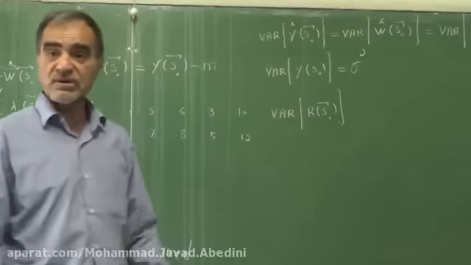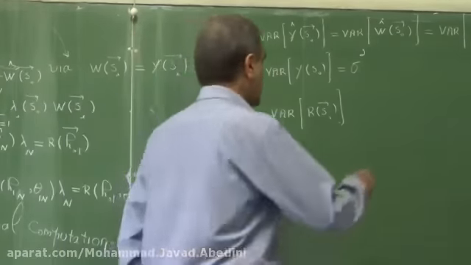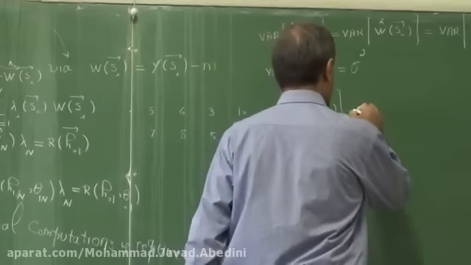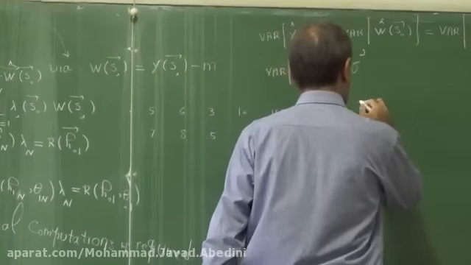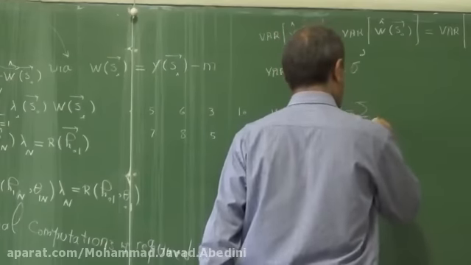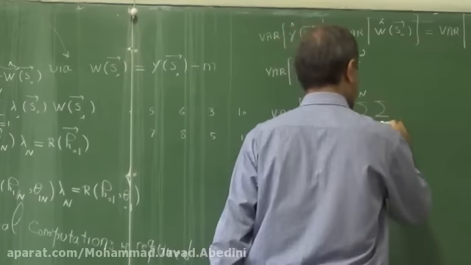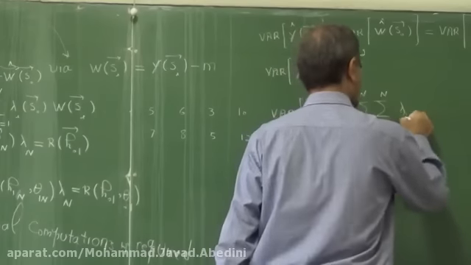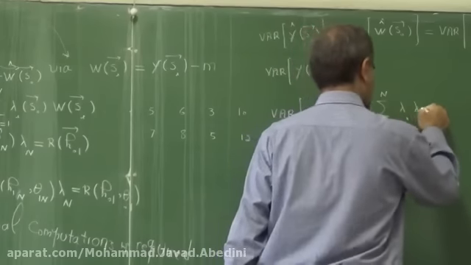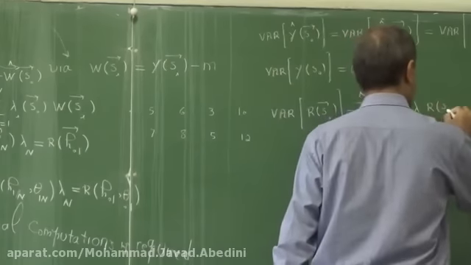Now, how about variance of residual? Variance of residual, if you remember, we try to cast it as this double summation, lambda i, lambda j, r sub si, sj.